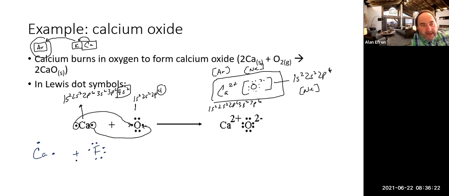Well, calcium here is the same configuration as we saw up there. That is basically argon 4s2, the 2 there are the 2 electrons, and our fluorine, which is our 1s2, 2s2, 2p5.